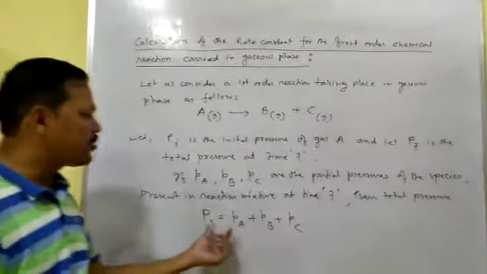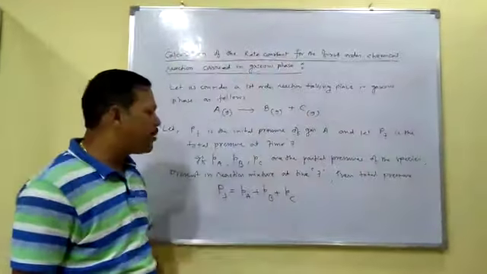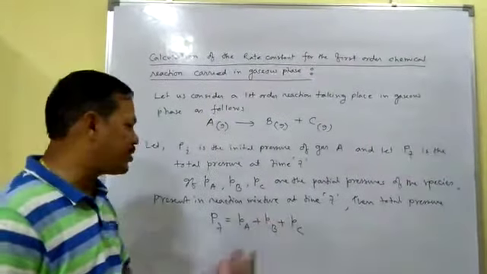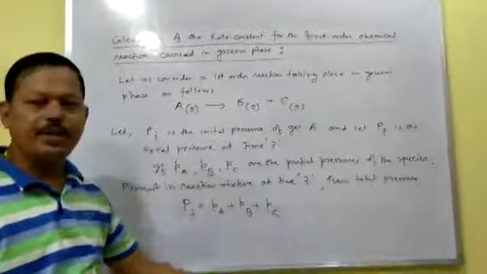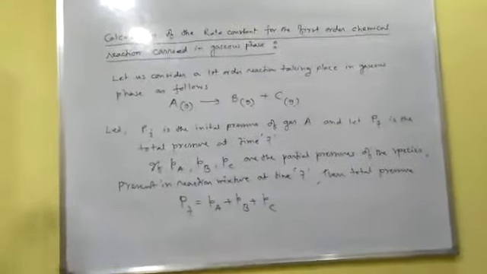The total pressure is always equal to the summation of the partial pressures, I mean the individual pressures. Pa is the individual pressure of A, Pb represents the individual pressure of B, Pc represents the individual pressure of C.